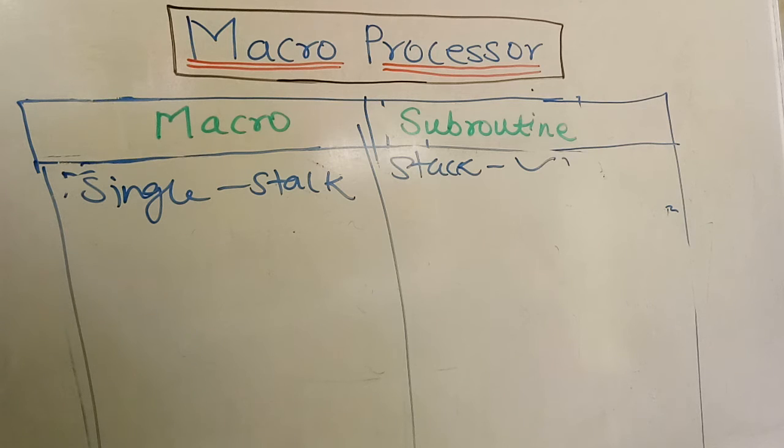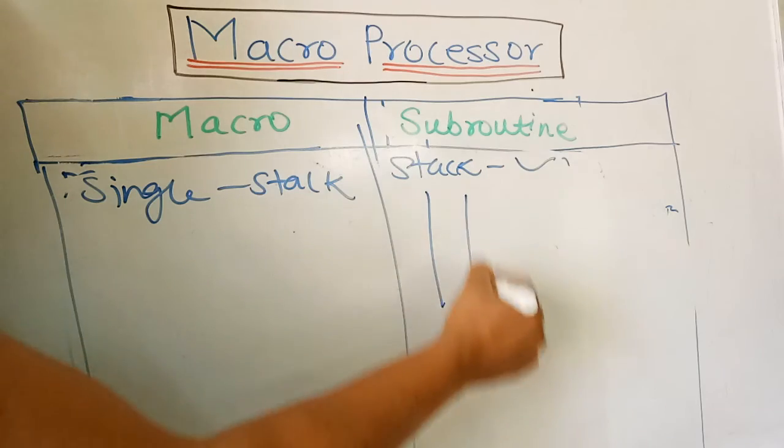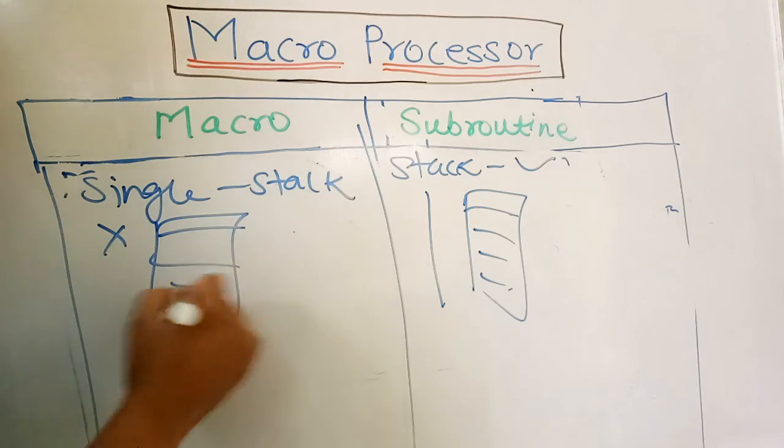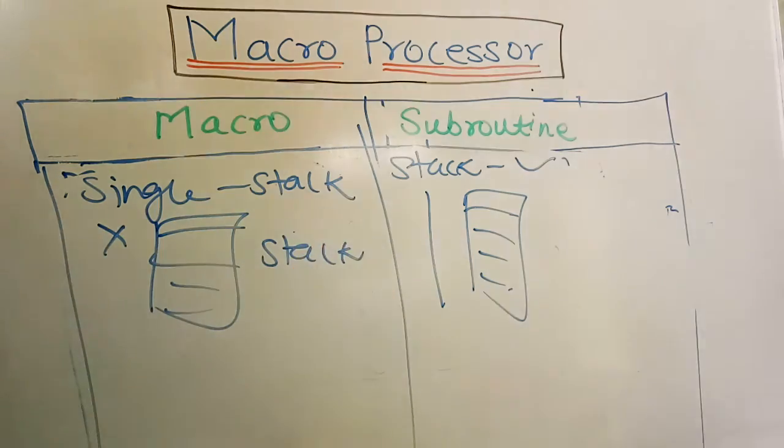It stores the current address in the stack and then execution control goes to the subroutine. After execution of the subroutine, it pops the address off the stack and returns to the main program. As it is a longer procedure, it requires the stack. A macro is not a longer procedure, so it does not require the stack mechanism.